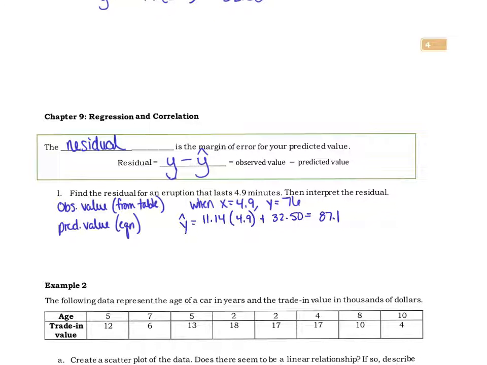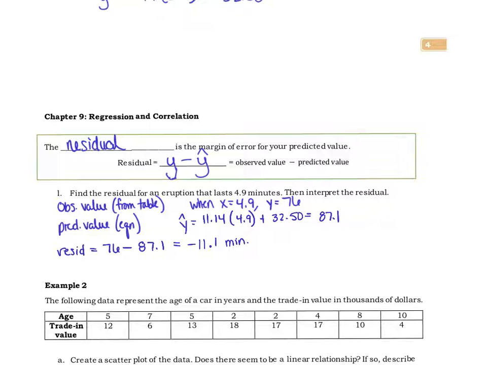Okay, the residual is the actual value, the observed value, 76 minutes, minus the predicted value, 87.1 minutes, or a difference of negative 11.1 minutes. Okay, what does that tell us and what does that mean?